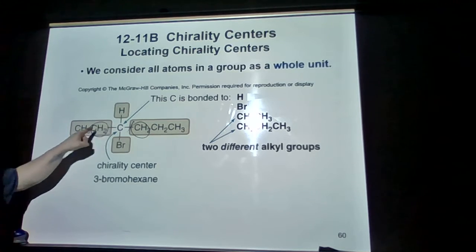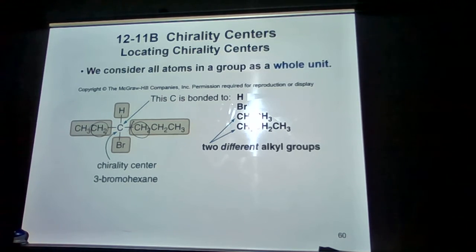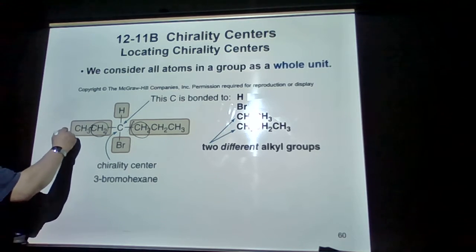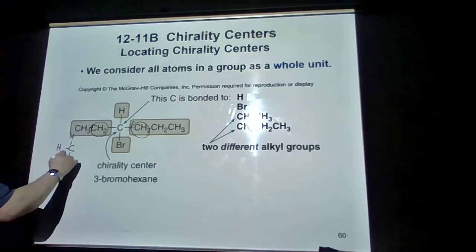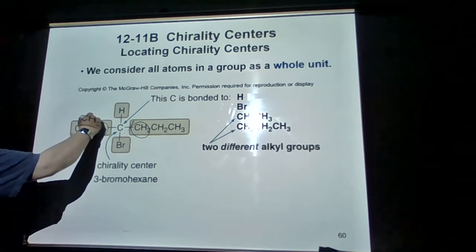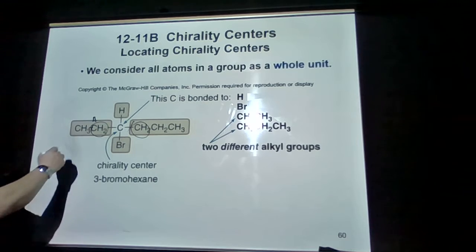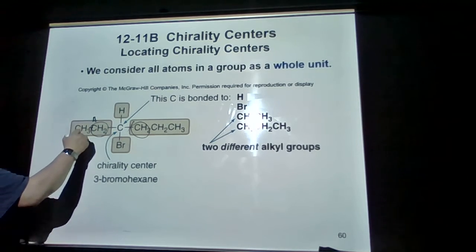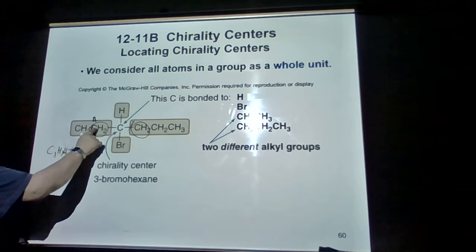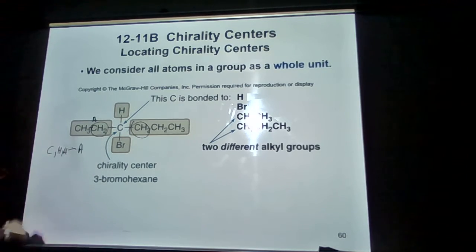But what are these two CH2s bonded to? Sorry, this carbon right here, label it A, is bonded to a carbon and two hydrogens.